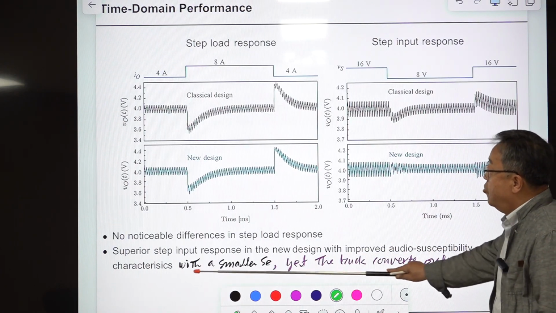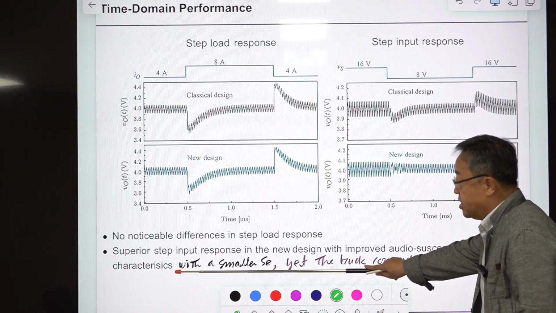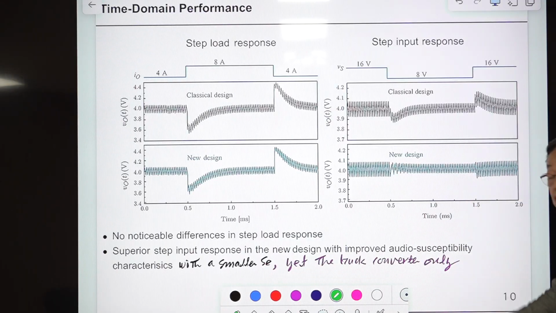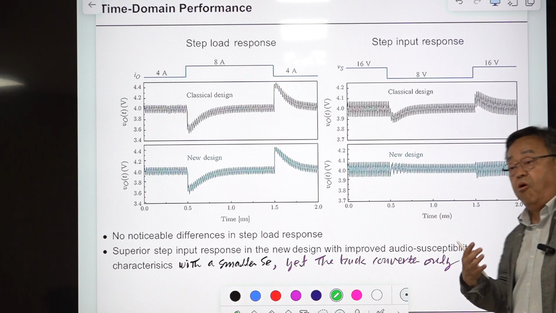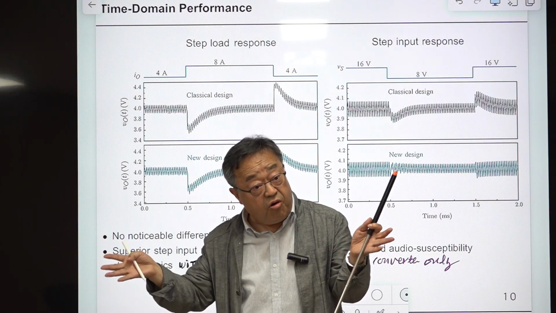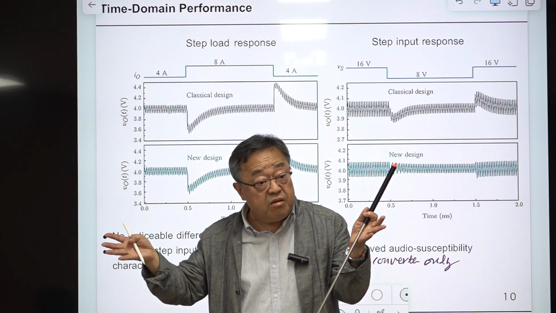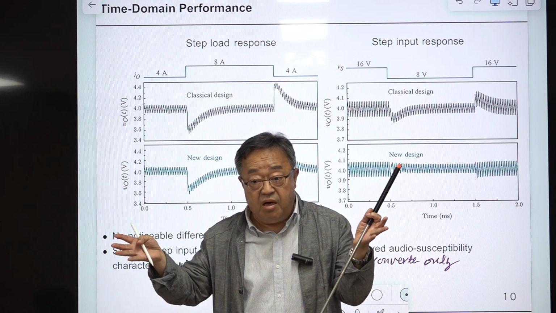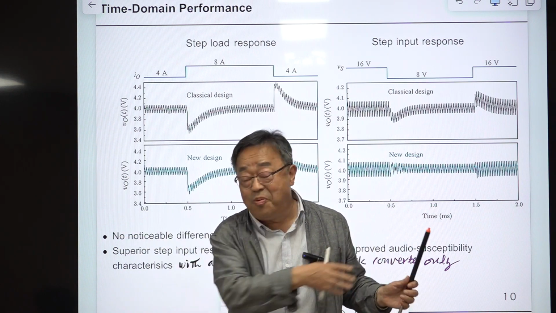Audio susceptibility improved with the smaller SE, but this phenomenon occurs only in the buck converter. Okay, boost and buck boost converter, everything remains the same. The reason for this is the structure of the buck converter. Buck converter has some unique structure. I don't want to go through the details about this.